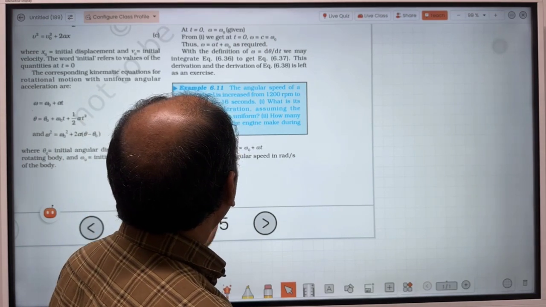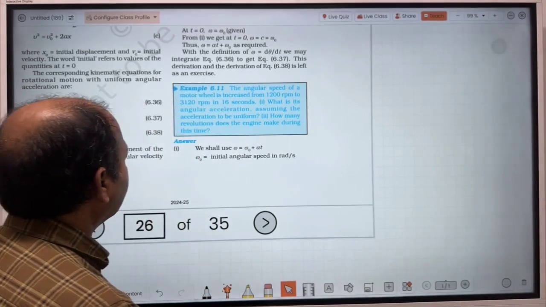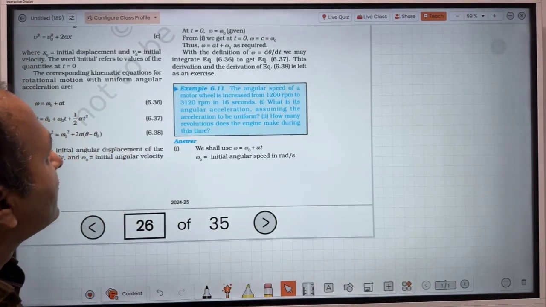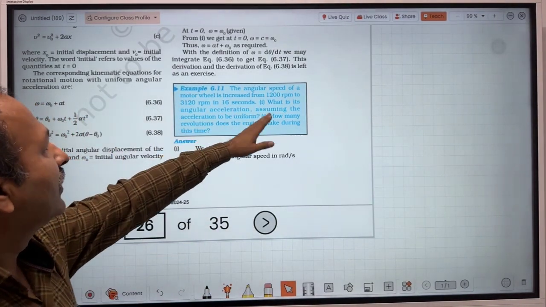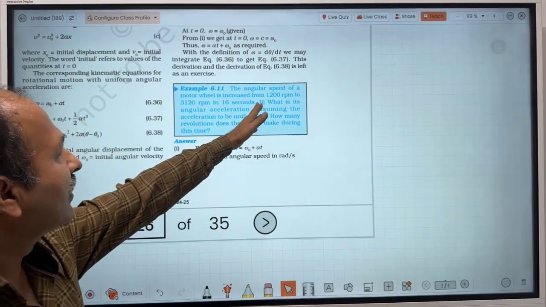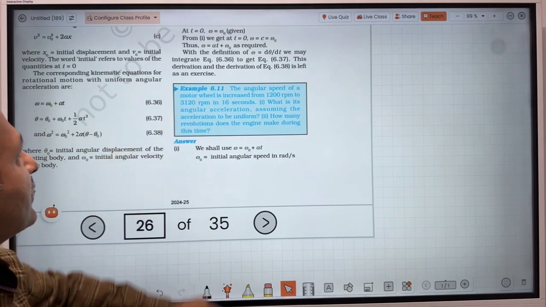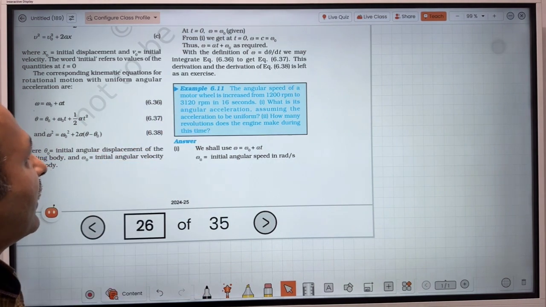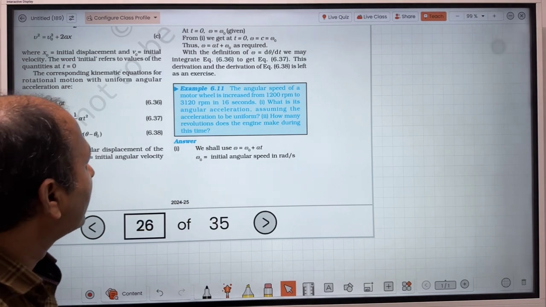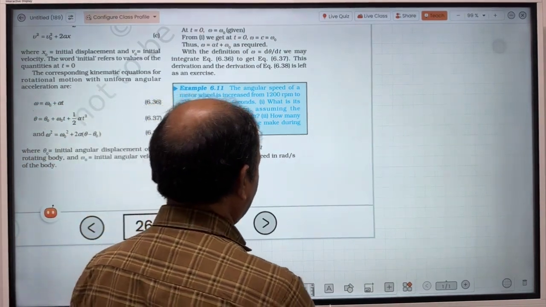That is to be found, and how many revolutions does the engine make during this time? So here initial angular velocity is given, 1200 revolution per minute. We will convert it into revolution per second, and this is 3120 revolution per minute, and time is given. So we can apply formula omega equal to omega 0 plus alpha t, and then we can evaluate.